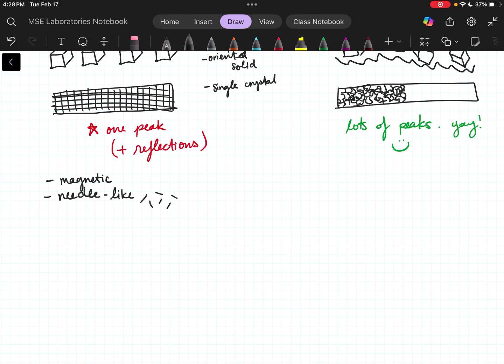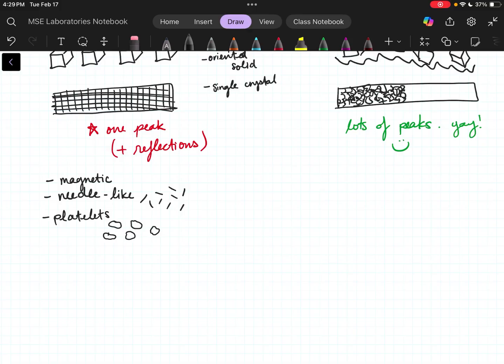Anything that is needle-like, so that would be like your particles are long and skinny. It can also be platelets, and I'm not talking just about blood platelets, but anything that is sort of flat. Mica is a really good example of that.